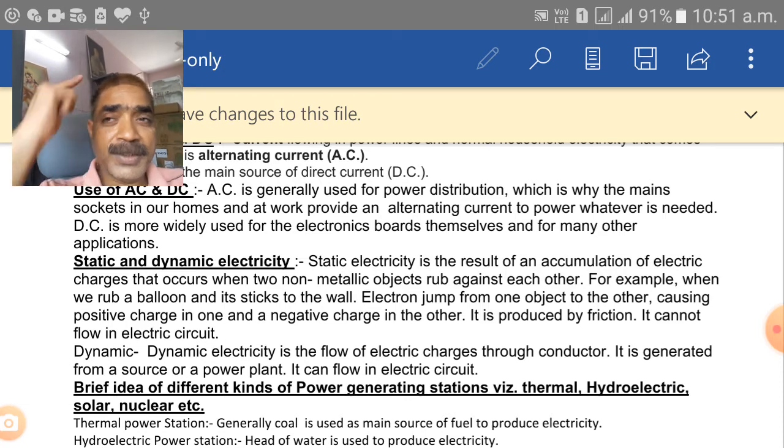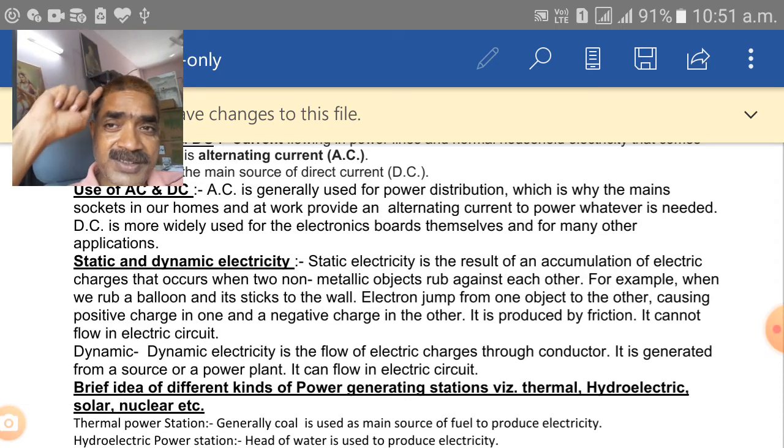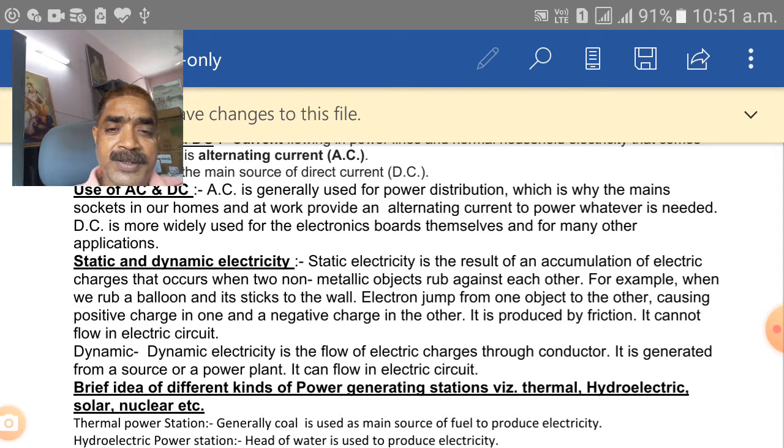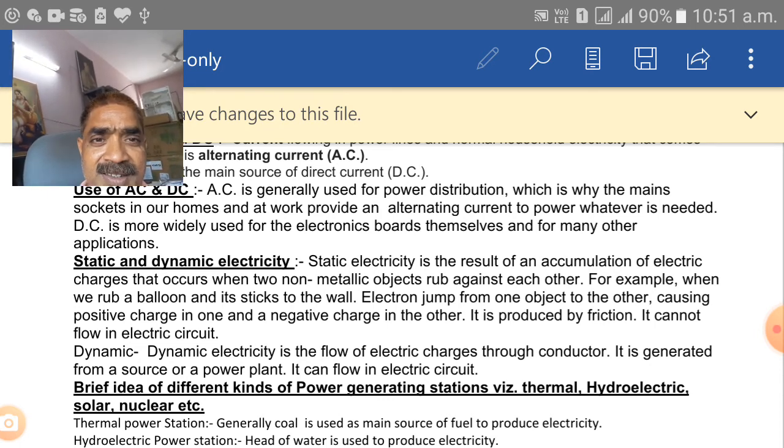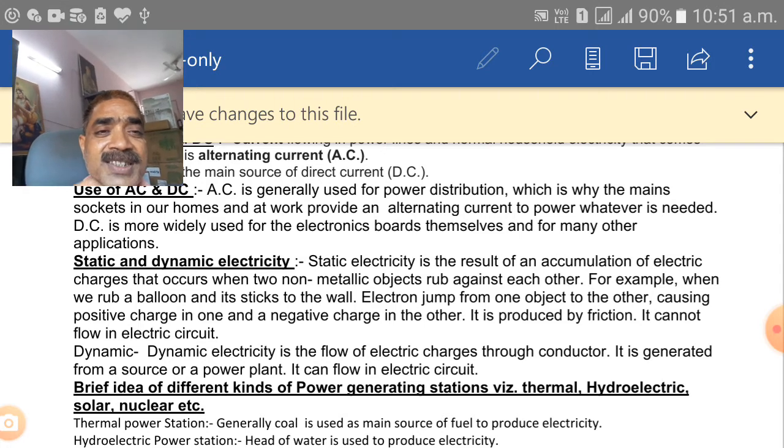It means if you rub the plastic, this plastic bar attracts the piece of paper or piece of hair, that is static electricity.